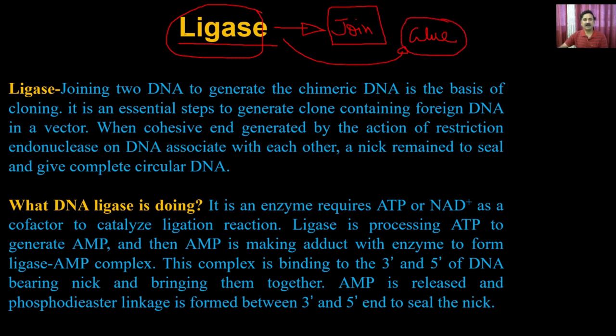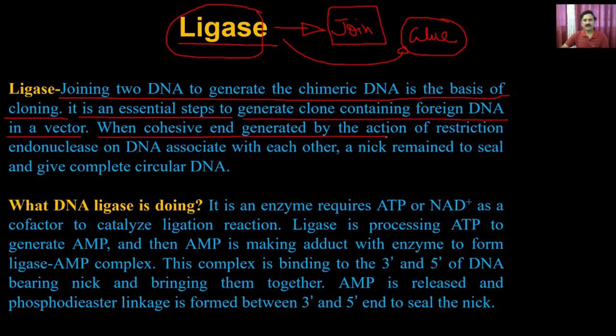So ligase is like a glue, the glue you use at home for sticking papers. Ligase is like a glue which glues two DNA sequences. Joining two DNA molecules to generate chimeric DNA is the basis of cloning. It is an essential step to generate a clone containing the foreign DNA in a vector.